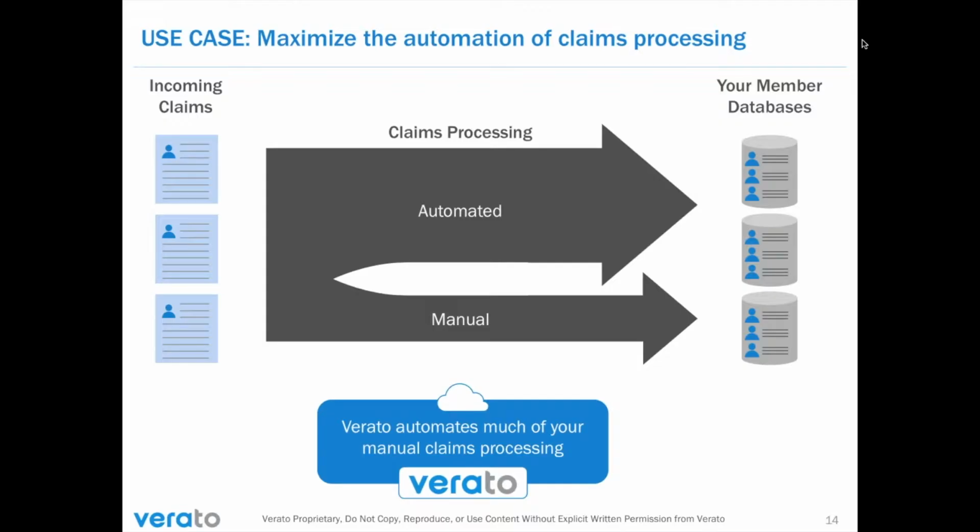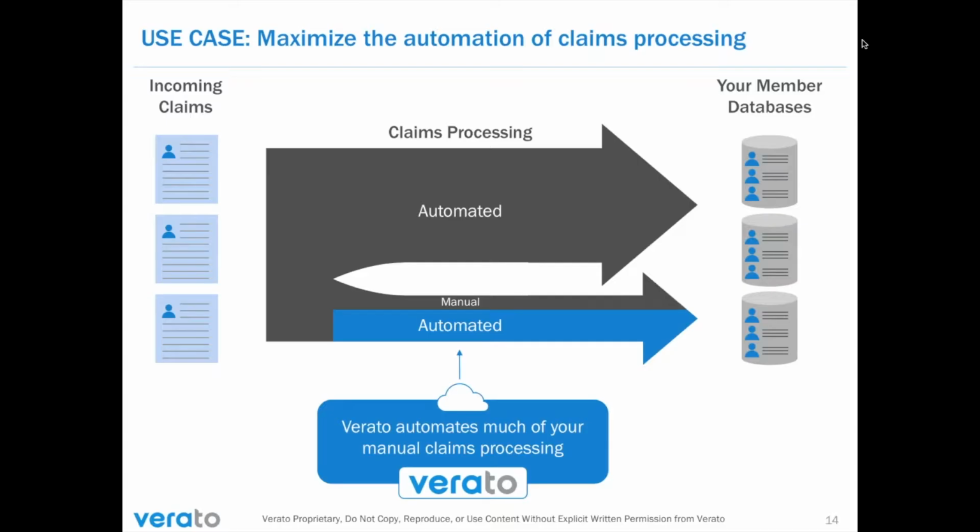And when you're unable to make that connection because of missing or bad data, then you end up in these manual processes that can get really expensive and really time consuming. And so Verado can be applied to improve that automation and decrease the amount of processing that gets routed manually.